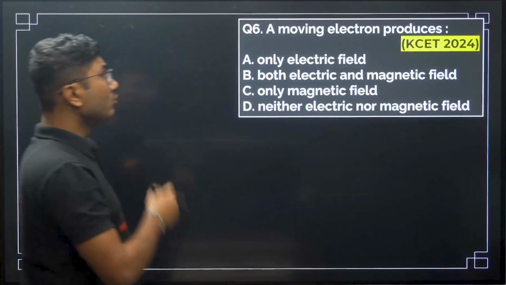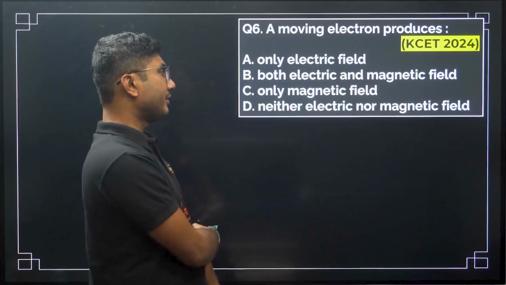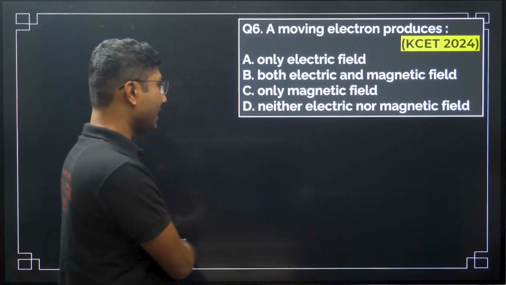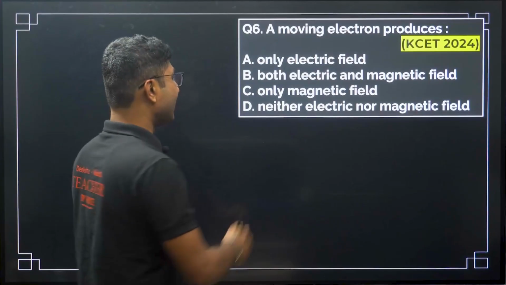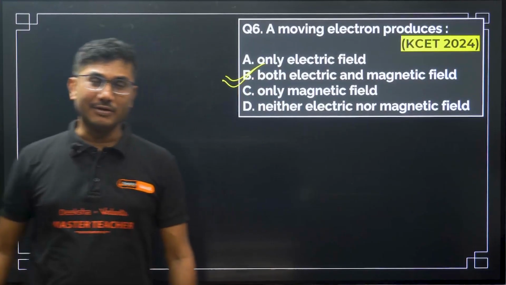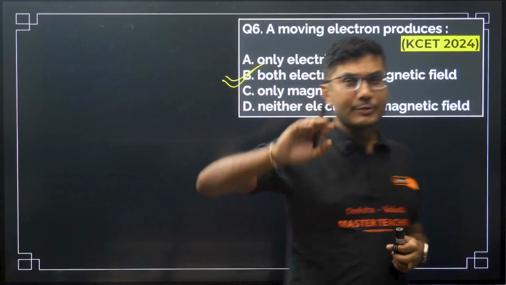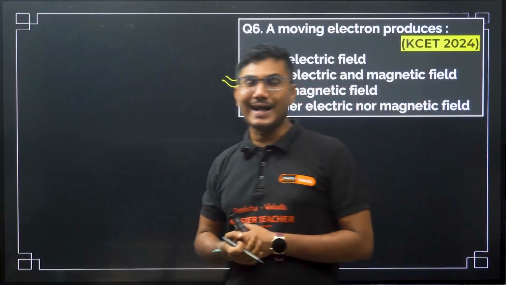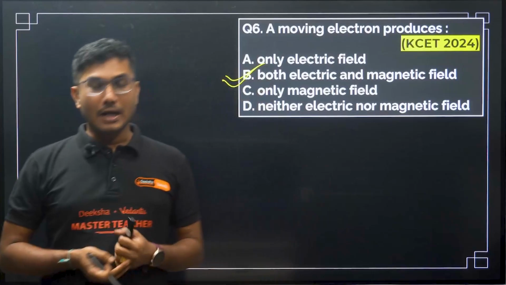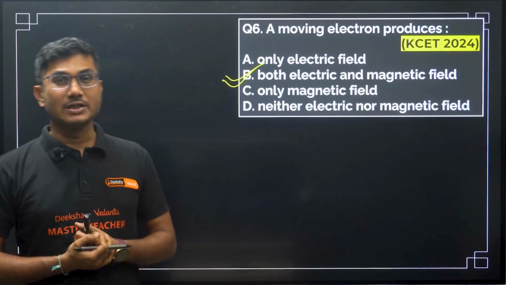Next, a moving electron produces only electric field, both electric and magnetic field, only magnetic field, or neither electric nor magnetic field. A moving electron can produce both electric and magnetic field. A moving charge can produce electric and magnetic field. Now just before that I was saying that for a current carrying conductor, the electric field produced around it is almost negligible.